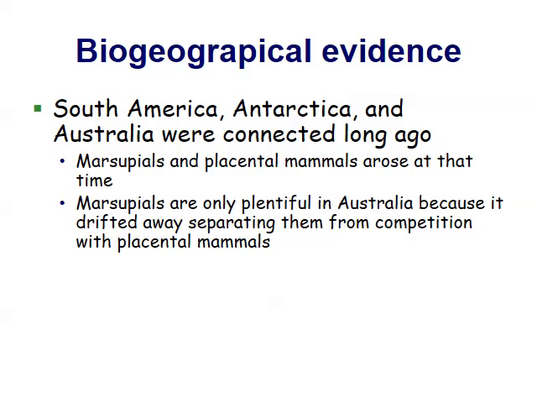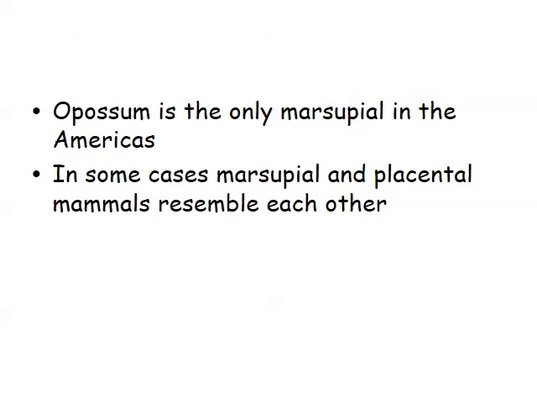Marsupials and placental mammals arose at that time. Marsupials are only plentiful in Australia because they drifted away from the competition with the placental mammals, which are found in the other continents. The only marsupial found in the Americas is the opossum. And in many cases, marsupials and placental animals resemble each other.